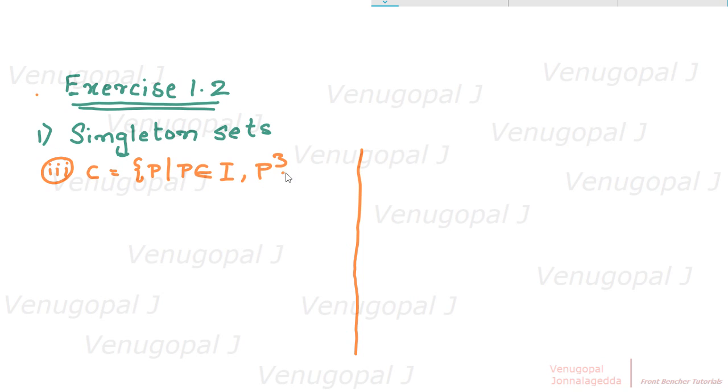P cubed is equal to minus 8. Okay, now let's see how this can be worked out. We know there is one condition: P is a variable and its value is an integer.